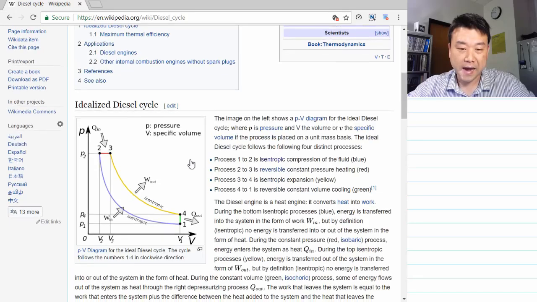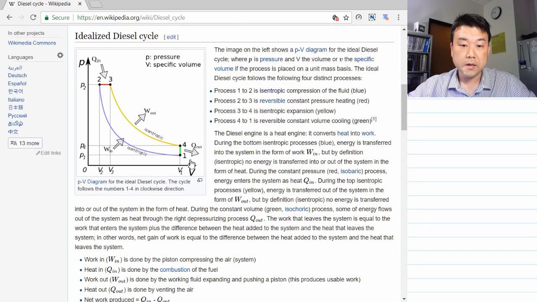So this is the idealized diesel cycle. You can see that it's very similar to the Otto cycle. Both the expansion and the compression are adiabatic. We will contrast this with the Stirling engine, which is the only non-internal combustion engine that we'll talk about as far as the real engines go.